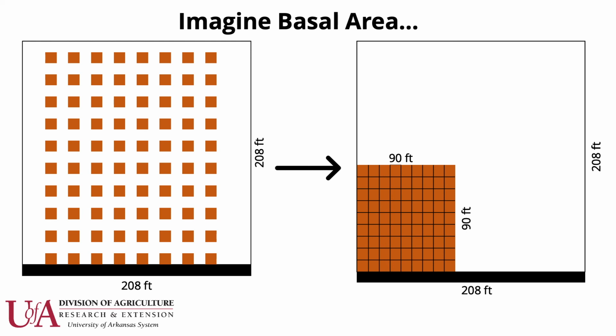Now, if I told you that we wanted to harvest 10% of the trees in each of our previous examples, it would mean a different number for each example acre. If I said I wanted to harvest 10% of the trees per acre, the logger is going to get a lot more excited over the mature forest with the big plugs than with the pine plantation that has 10 and 12-inch trees.